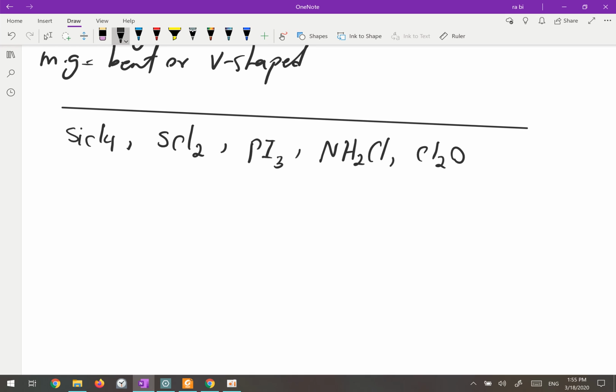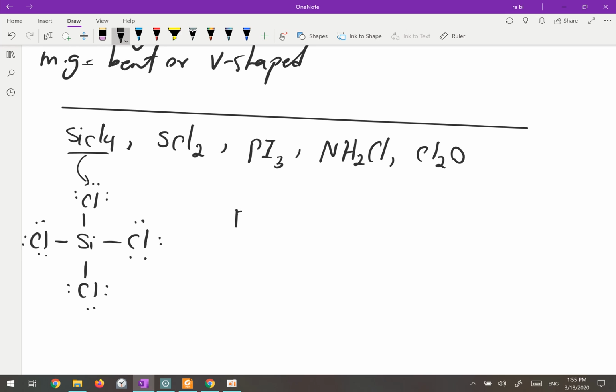I hope that you have drawn it on your paper and you can check your answer with me here. So the first one, SiCl4, the Lewis structure for that is Si with Cl, Cl, Cl, Cl. This was the Lewis structure for that one.